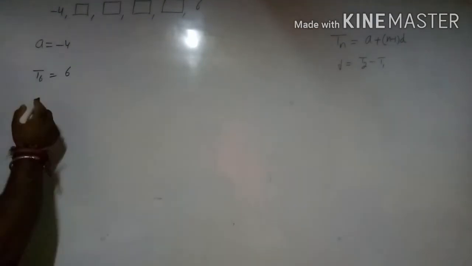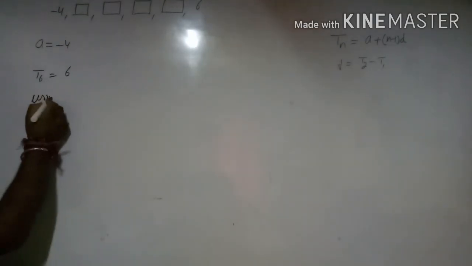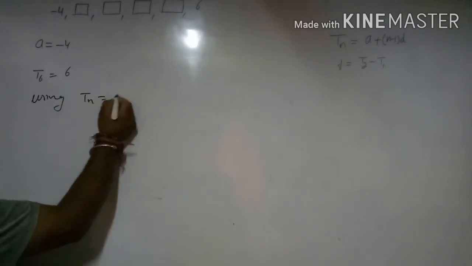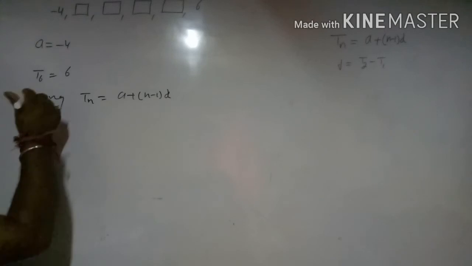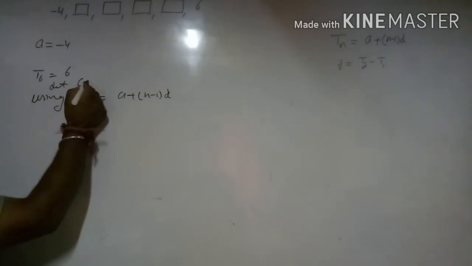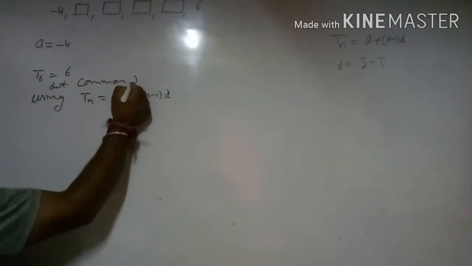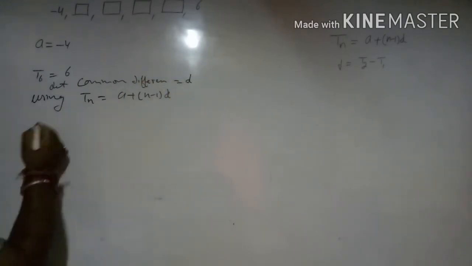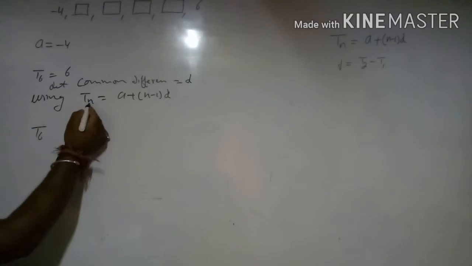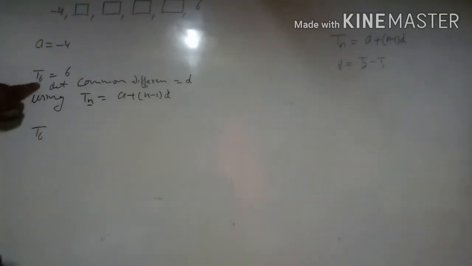To find that we use Tn is equal to A plus (n minus 1) into D, and let the common difference be D. Using this formula, in place of n I'm writing 6.